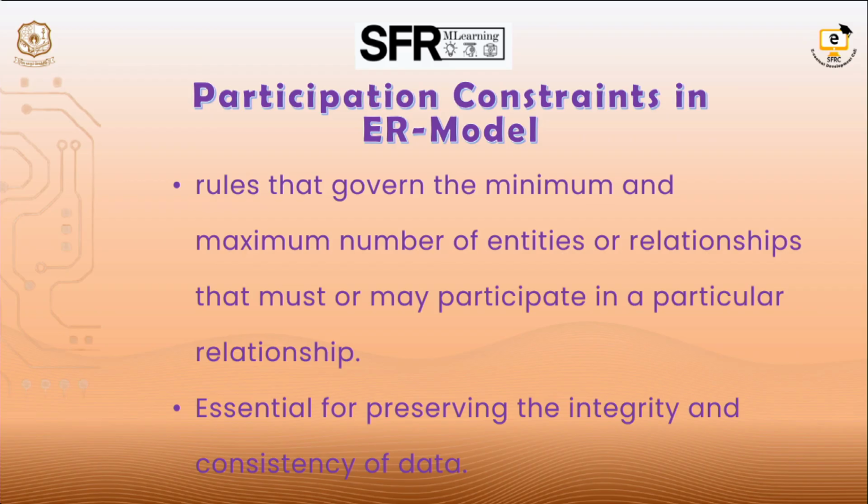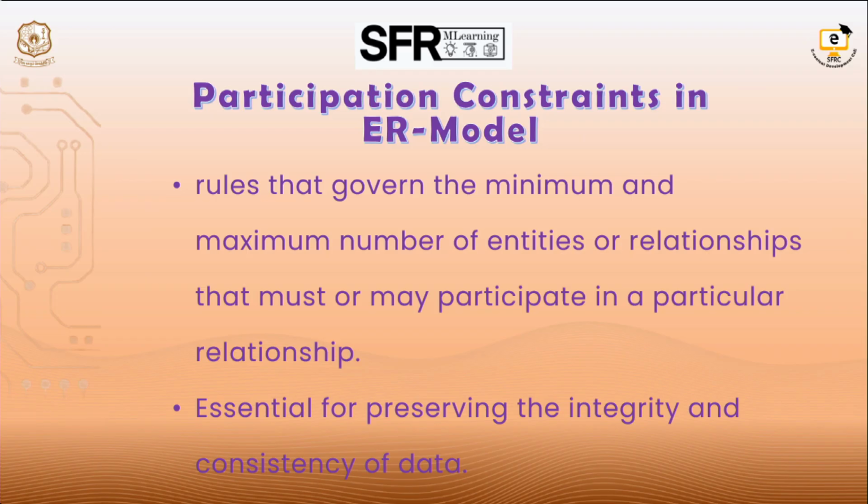By maintaining consistency and enforcing business standards, these restrictions guarantee data integrity. For example, in a college database, partial participation would permit courses with no enrolled students, while total participation might require all students to be enrolled in at least one course.